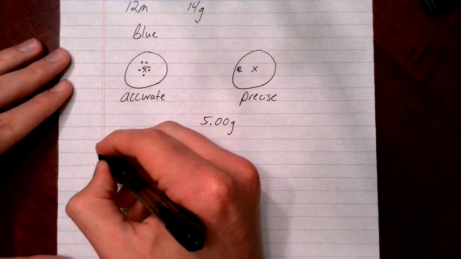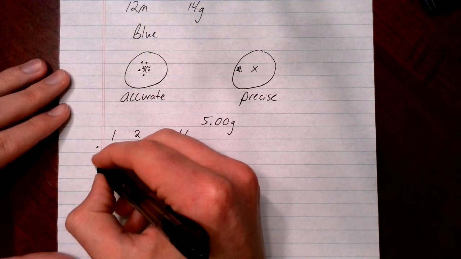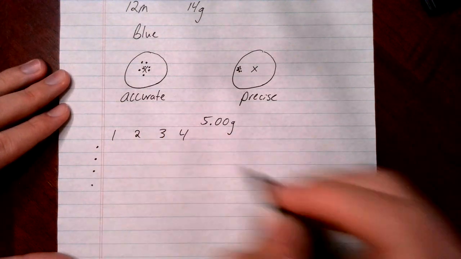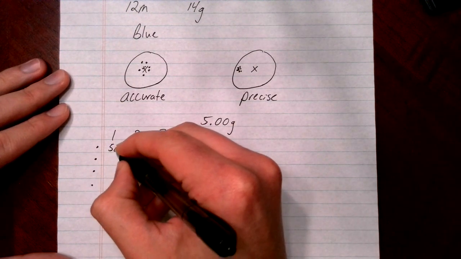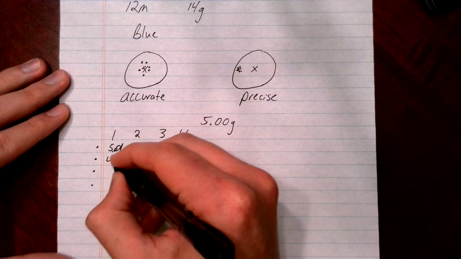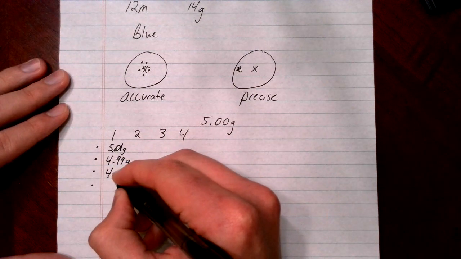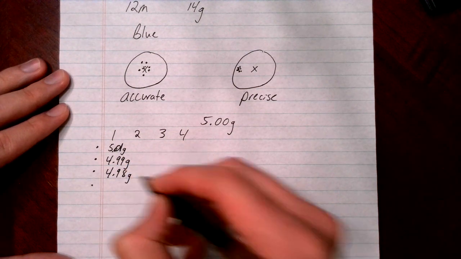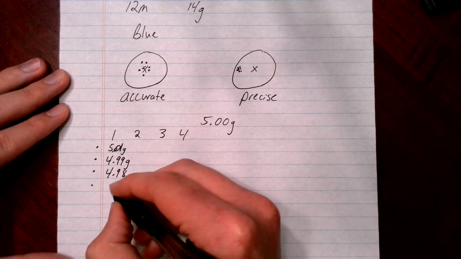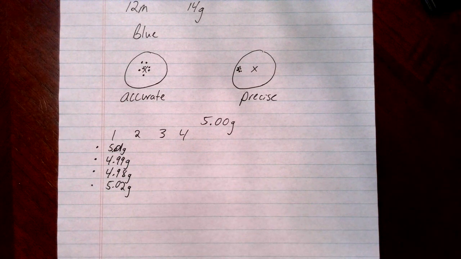So let's say student 1 reads their measurements as being 5.01 grams, 4.99 grams, 4.98 grams, and then we'll say 5.02 grams. Okay, so that's the data they record.